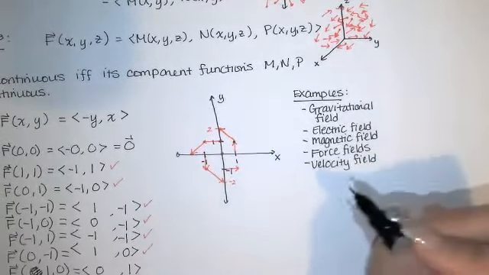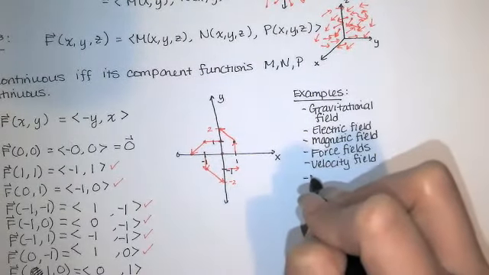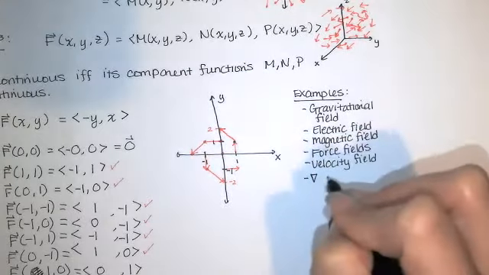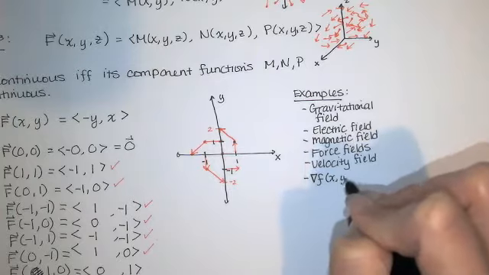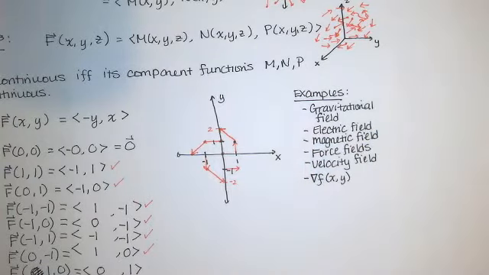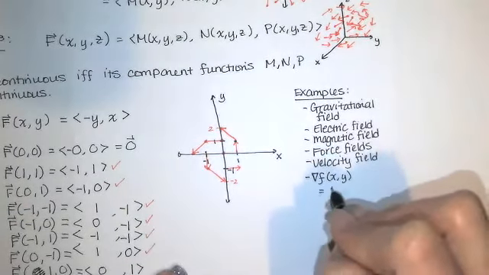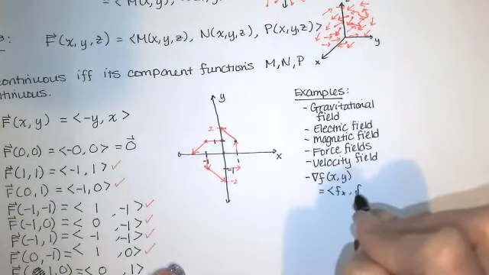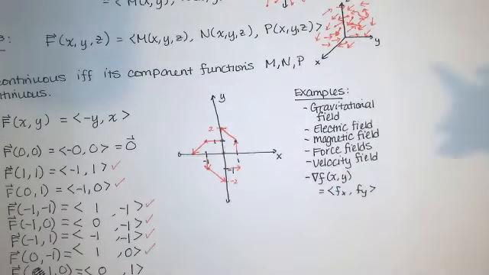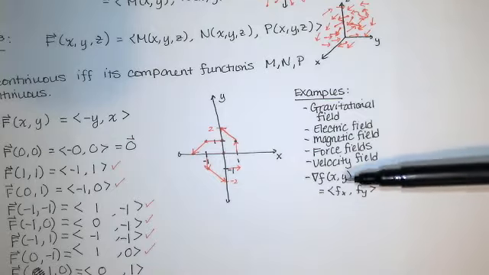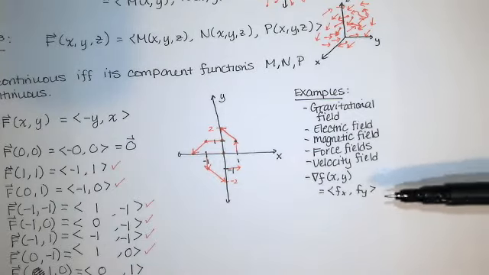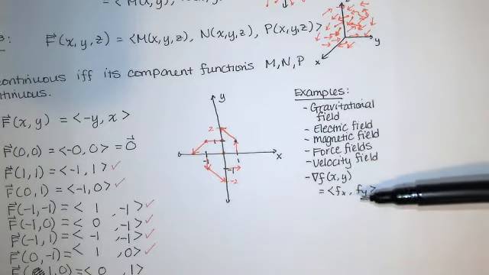And one example that you've already seen in this class, even though you may not have realized it at the time, was the gradient of f. When we looked at a surface given by z equals f of x, y, and we found its gradient, we said it was equal to this. Well, what does that do? It takes every x, y in the domain of that function, where the partial derivatives are well-defined, and it associates them with a vector.